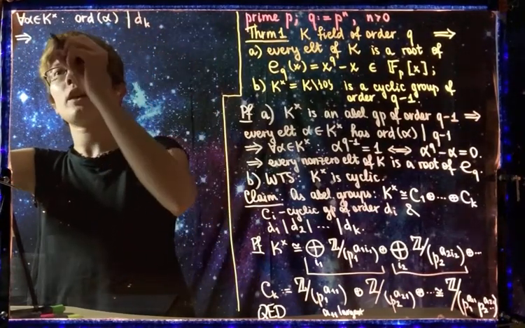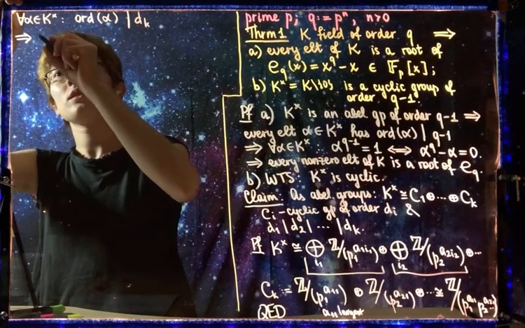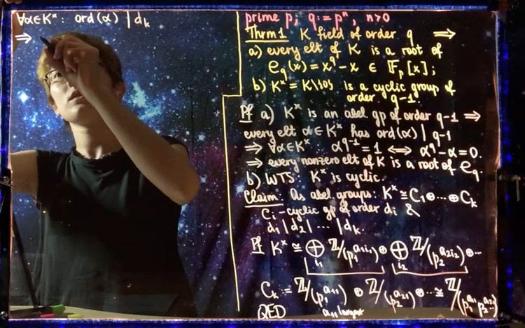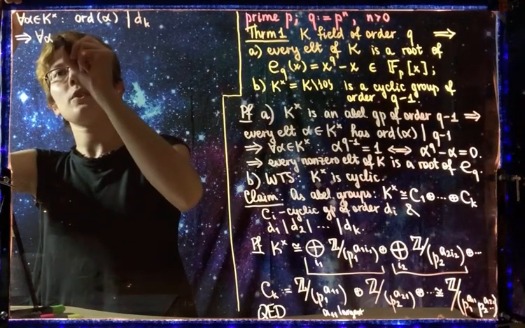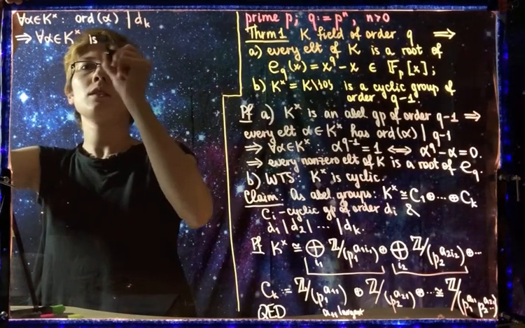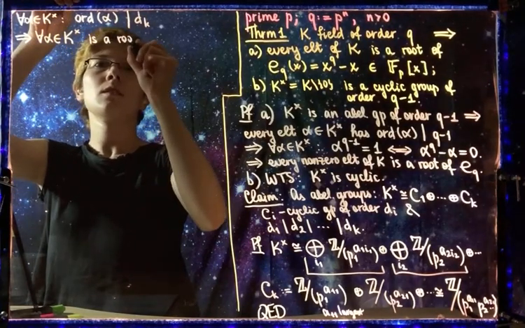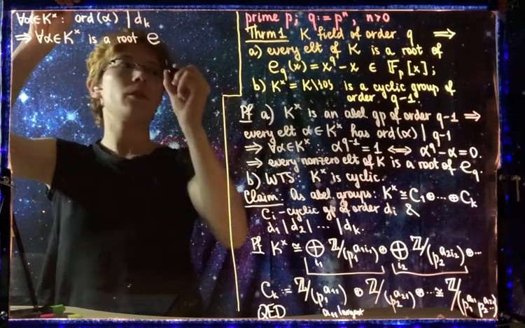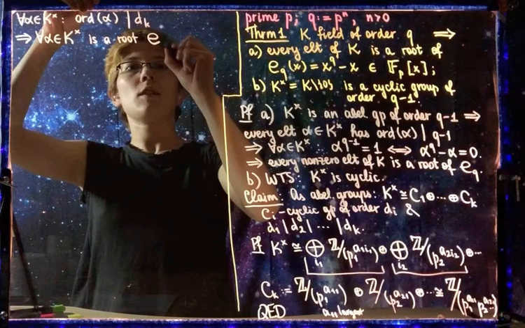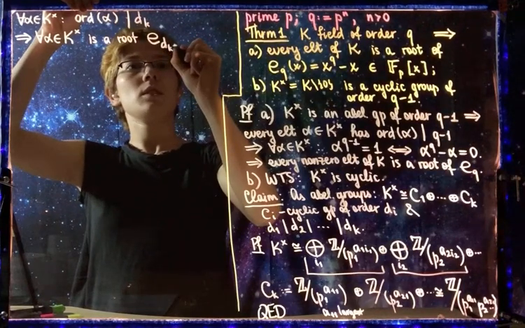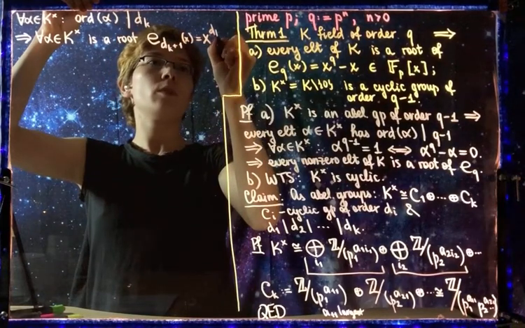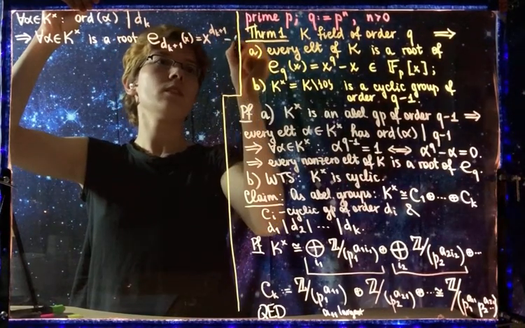And so we get that every alpha in k star is the root of the polynomial e sub dk plus 1 of x, which is x to the power dk plus 1 minus x.